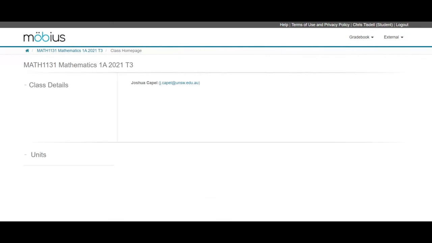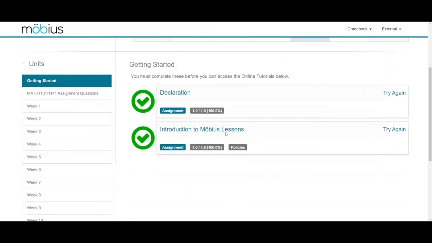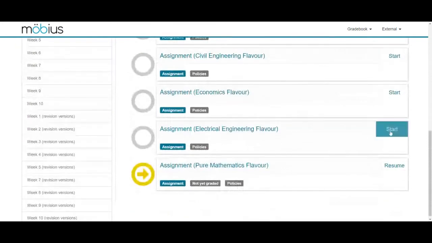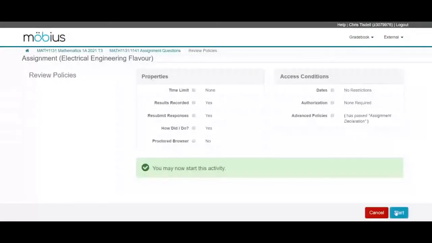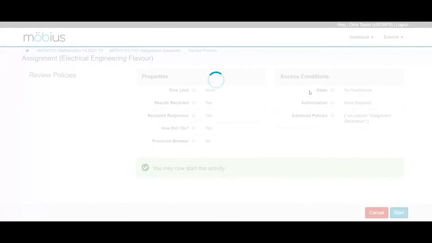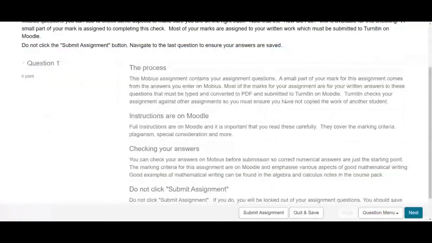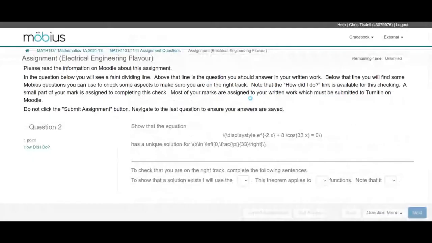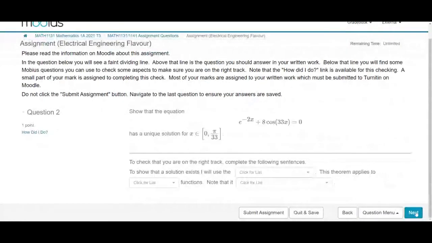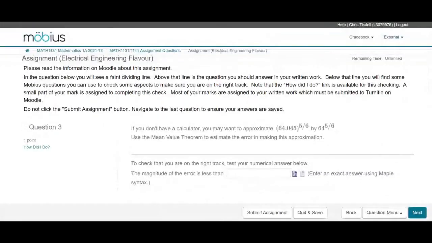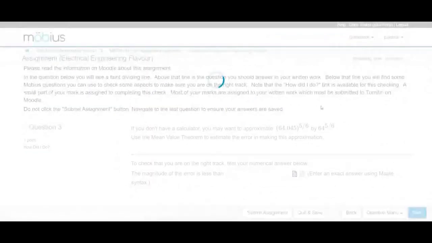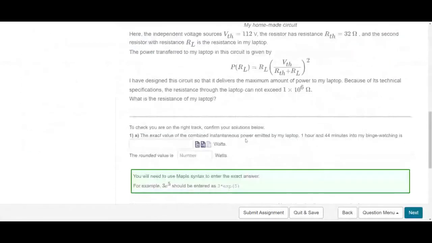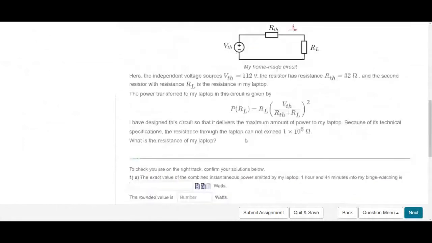Electrical engineering. Okay, let's go have a look at that. Can I start it? Yeah, I can start it. Oh yeah, looks kind of the same. Okay, it looks like the last question is different.